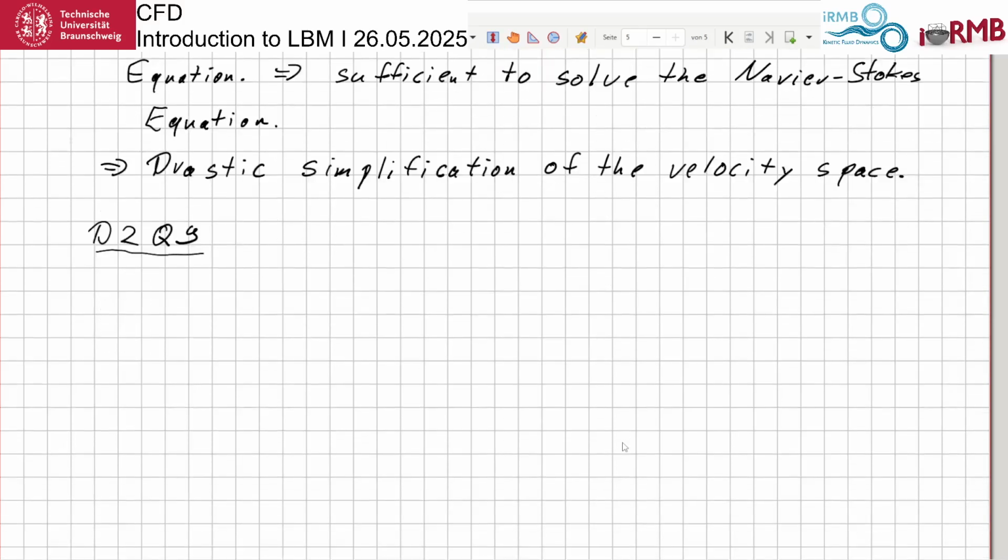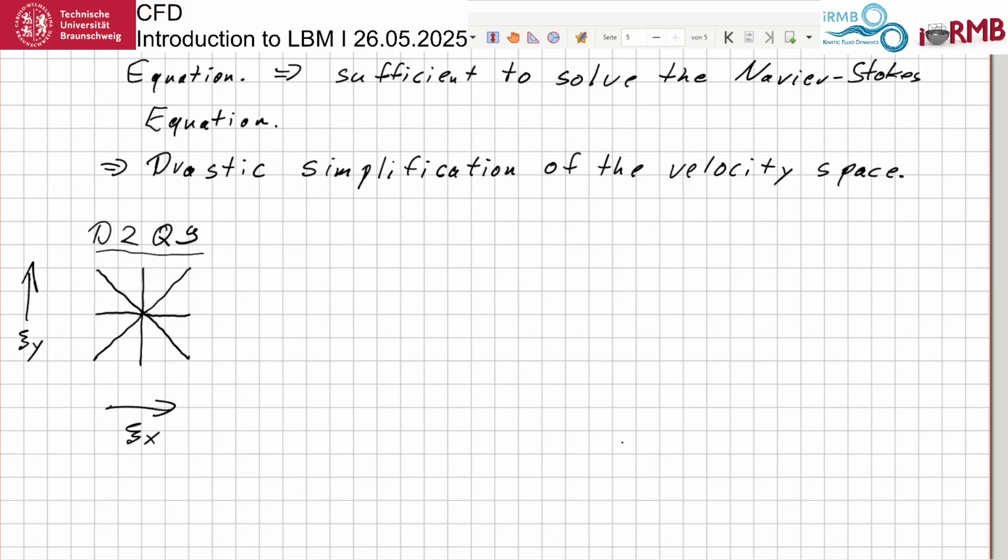You could draw this like this. So you have 9 velocities. Say this here is our microscopic velocity in x, and this is the microscopic velocity in y.